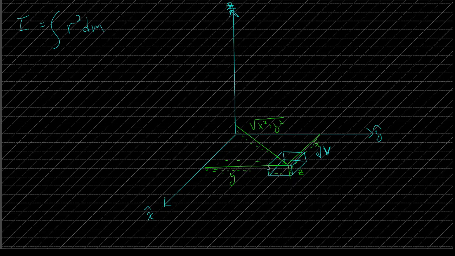This one to the x-axis back is y squared plus z squared square rooted. And this one from the y-axis to whatever this element is going to be x squared plus z squared.